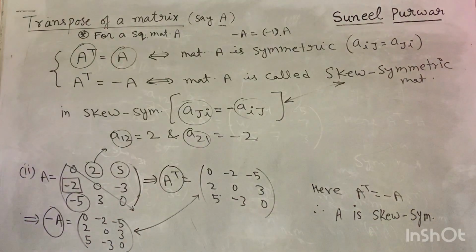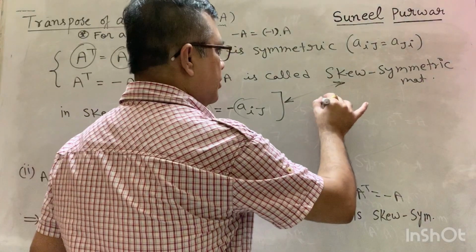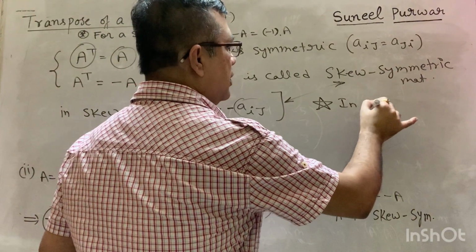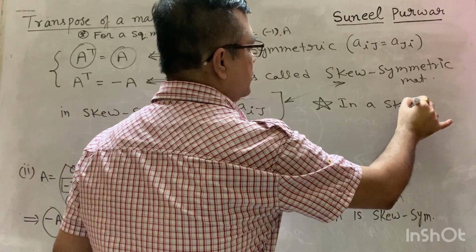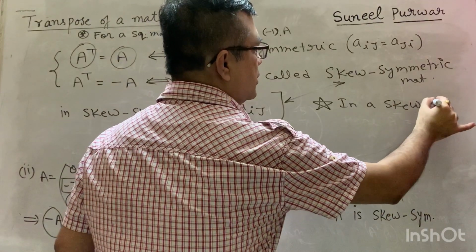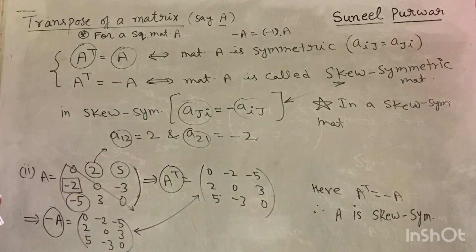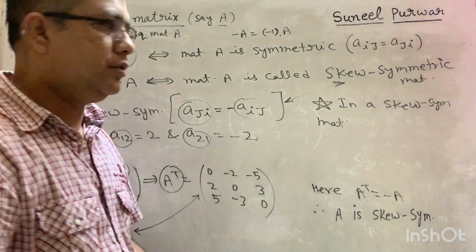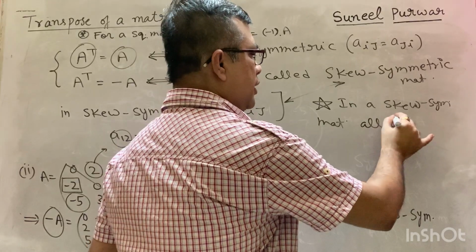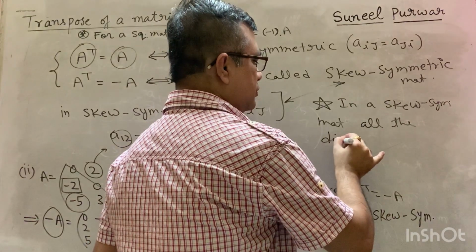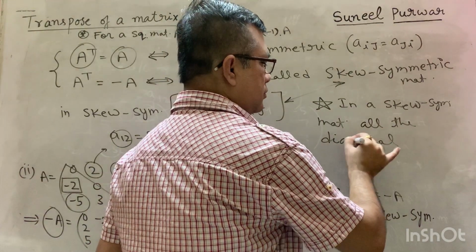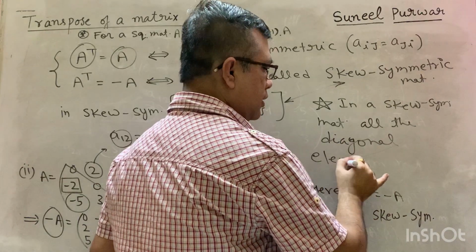So this is another important point for skew symmetric matrices. In a skew symmetric matrix, all the diagonal elements will be 0. They have to be 0.